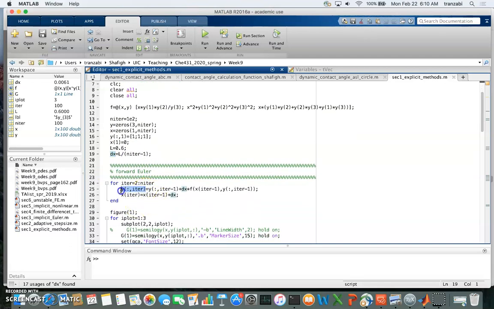I'm saying that yi is equal to yi minus 1. So you see that this is I minus 1, and on the right side everything is I minus 1. Okay, so I'm saying that yi is equal to yi minus 1 plus del x times f evaluated at xi minus 1 and yi minus 1.